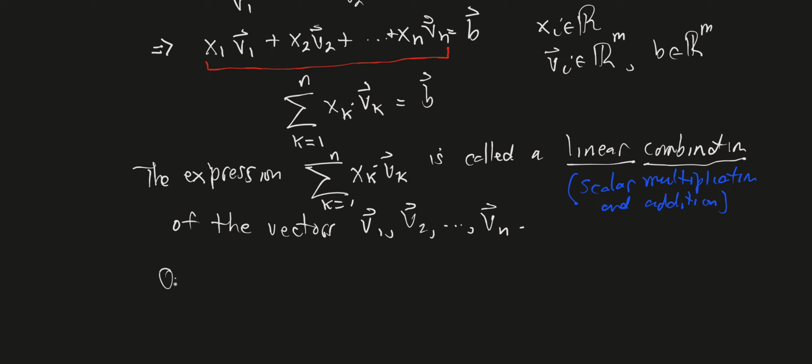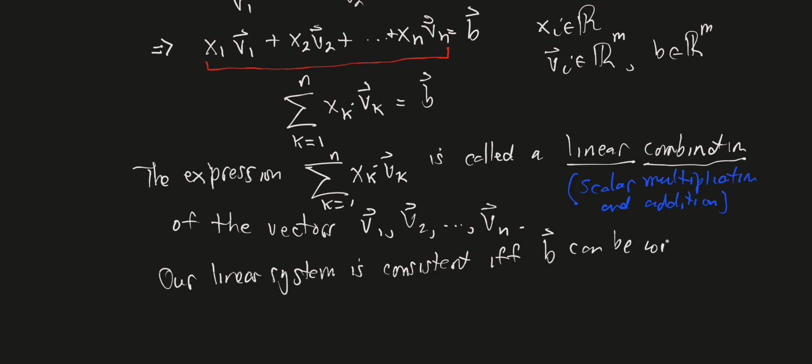So our linear system is consistent if and only if the vector b can be written as a linear combination of my vectors.